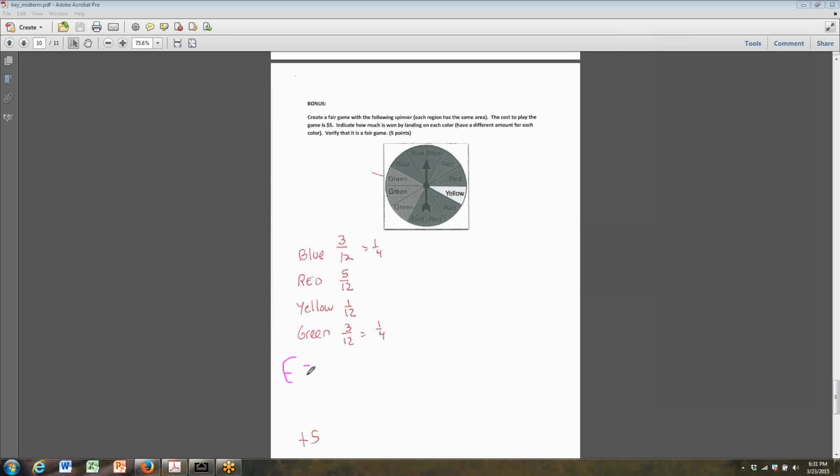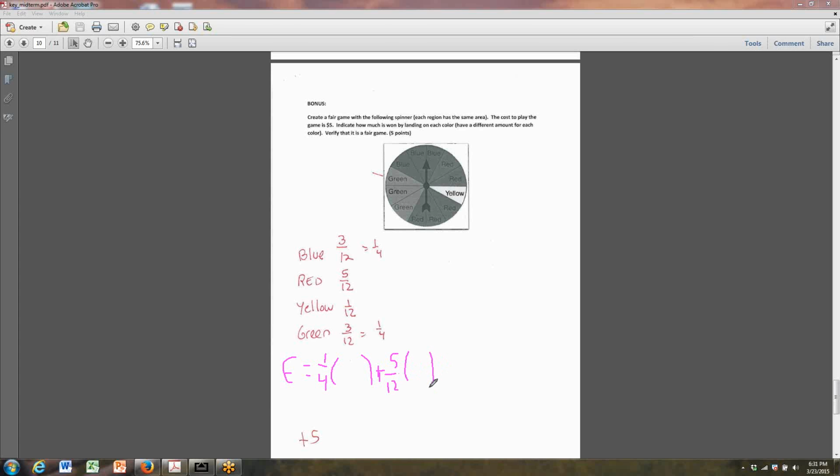Okay, so if I do each category, so blue, I know I want to have a 1 out of 4 chance of getting a blue. I need to come up with how much I can win or lose. Red, there's a 5 out of 12 chance of getting a red, and I need to come up with how much I win or lose.